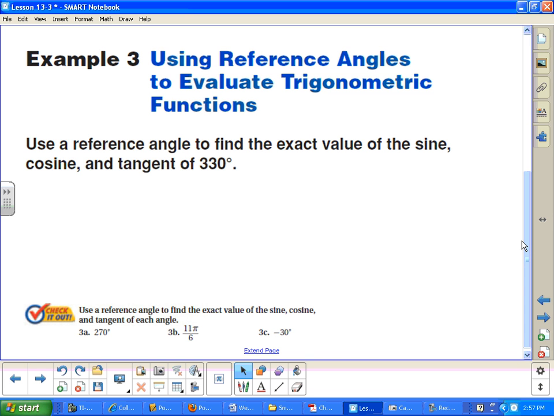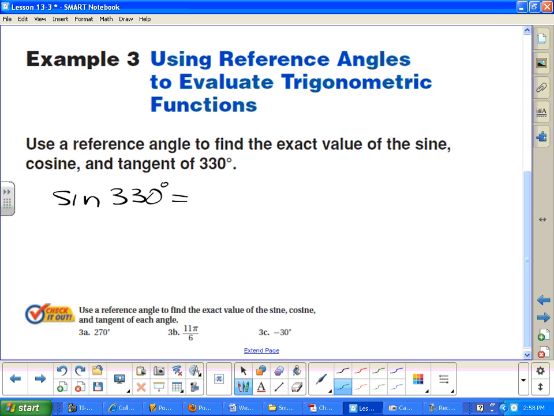The big thing is, I want to make sure you write these correctly. If you want to do cosine first, because cosine is the first thing given, that's up to you, but you have to write the angle down. Sine of 330 degrees, cosine of 330 degrees, what does it equal?